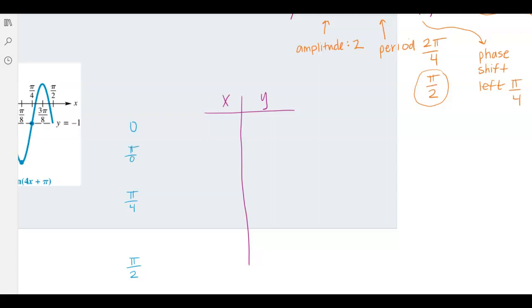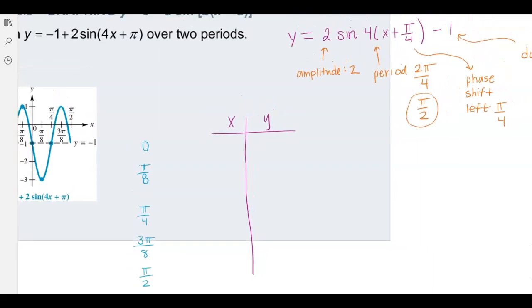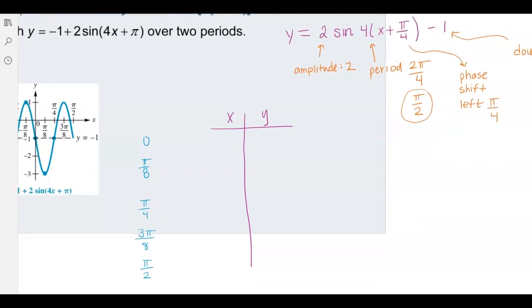The middle of this is pi over 8. And then 1/4 plus 1/2, and then divide that by 2. You add the two items together and then divide by 2. And we're going to get 3/8 or 3 pi over 8. All right, this is what the breakdown of the period from 0 to 1/2 would be.